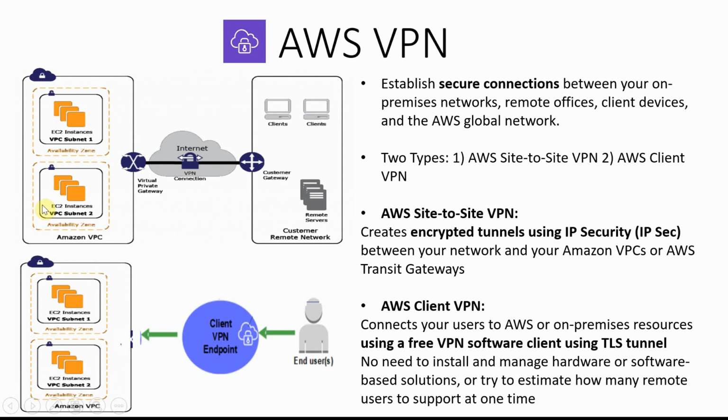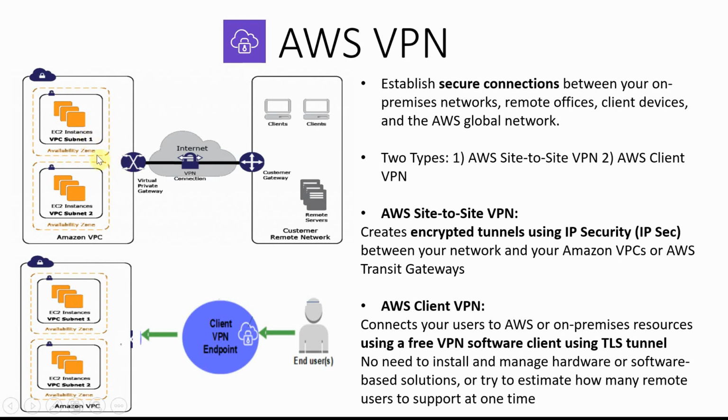And on this side, typically it could be a VPC, or there's something called a transit gateway, which we're going to see in the next topic. So on the AWS side for a VPN connection, on one side is your customer gateway, and the other side is your virtual private gateway. This virtual private gateway internally talks to either a VPC or a transit gateway, which we'll see next.